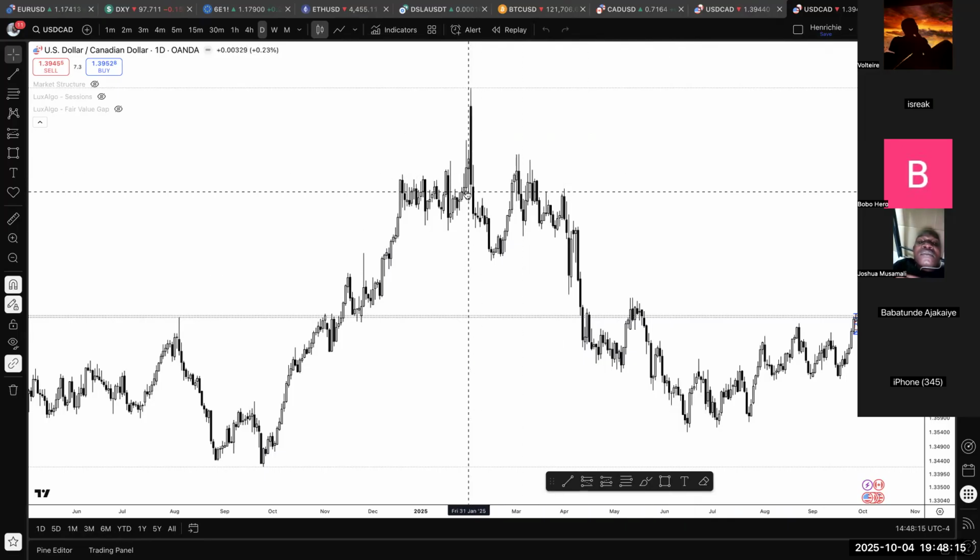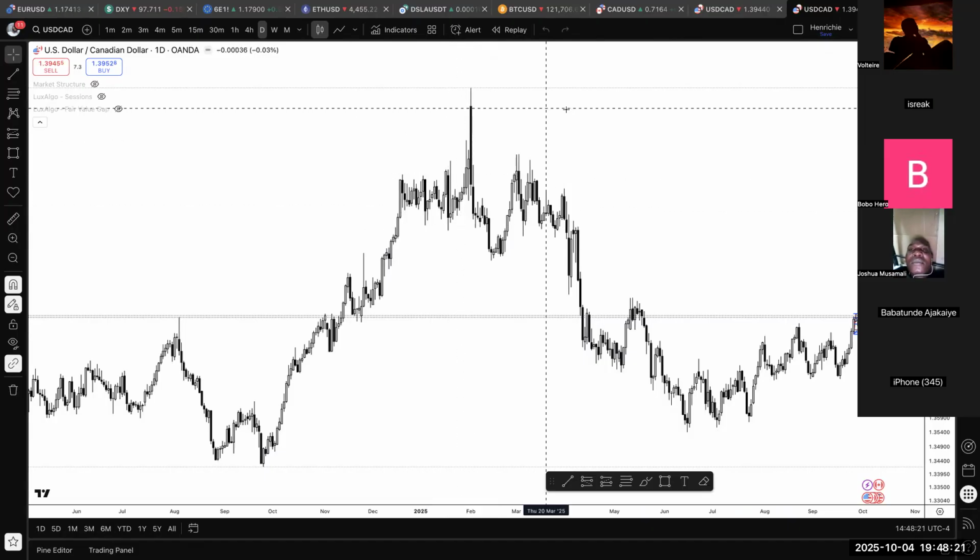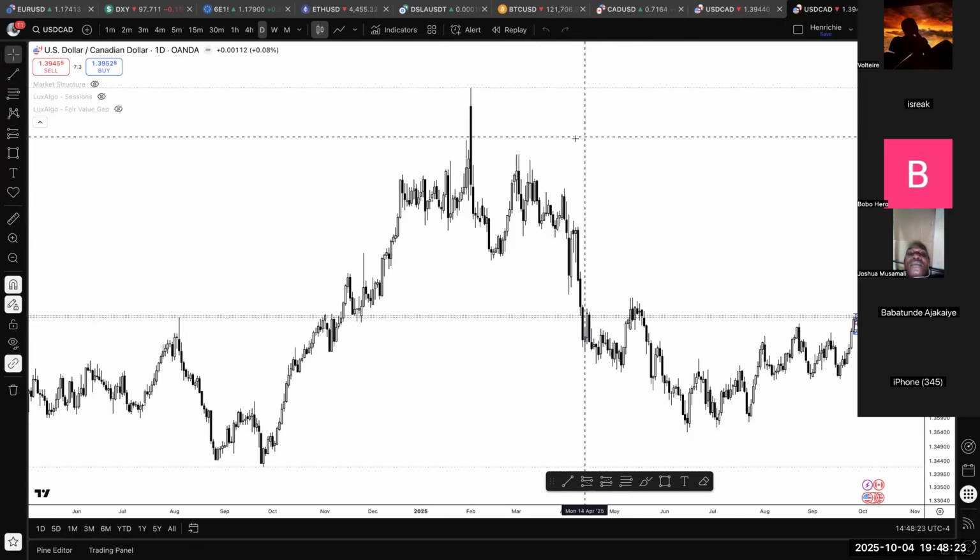Most especially if you're trading against the trend, it will obliterate your account. So make sure that when you're trading against the trend, you reduce your risk as much as possible. Protect your accounts, because the moment you blow your account, it's a wrap, it's game over. There's no survival anymore.